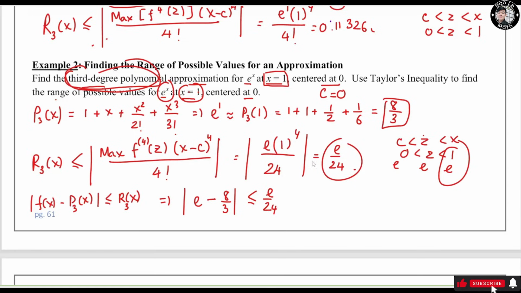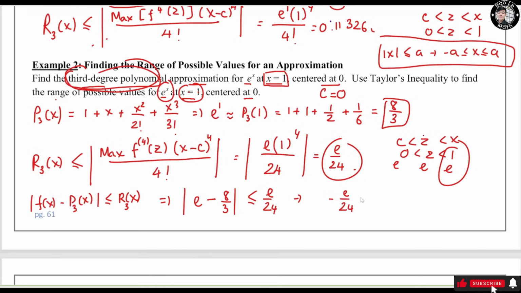Now remember, we have absolute value of s less than or equal to a, so negative a less than or equal to s less than or equal to a. Keep this in mind. So we have negative e over 24 less than or equal to e minus 8 over 3 less than or equal to e over 24.